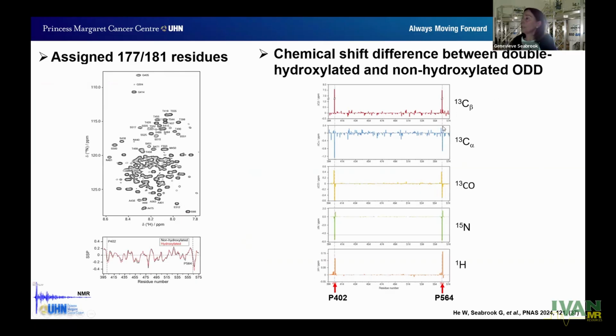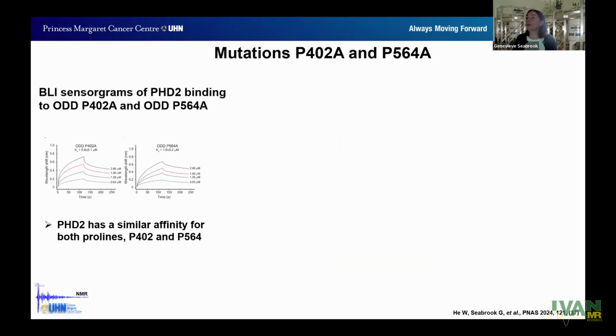Here, pretty much nothing is getting affected except the two sites where you have the two prolines, and that's for the carbon beta, carbon alpha, the carbonyl, and the NH groups. Pretty much everything else does not really get affected. So it's quite a huge difference. Of course, we do expect that, but you could see some differences also.